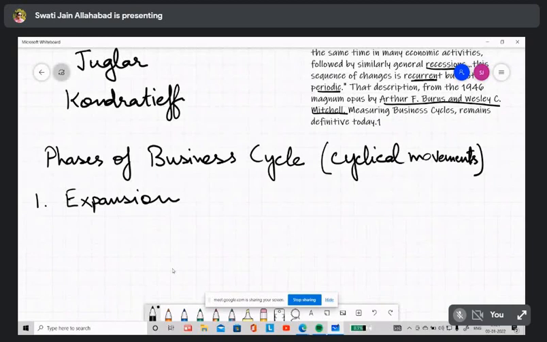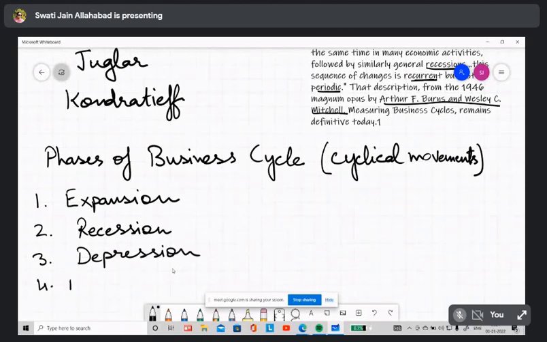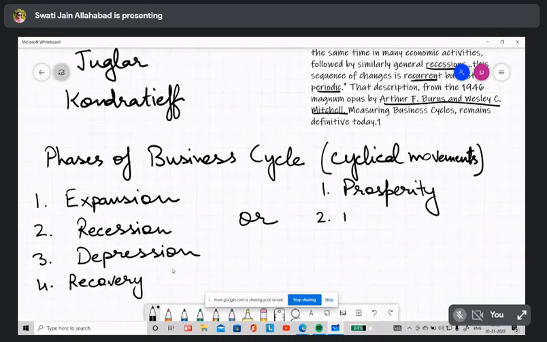So: expansion, recession, depression, recovery, or prosperity, boom, contraction, depression, recovery.